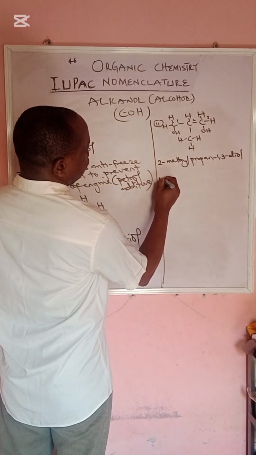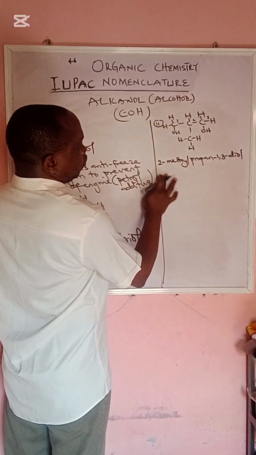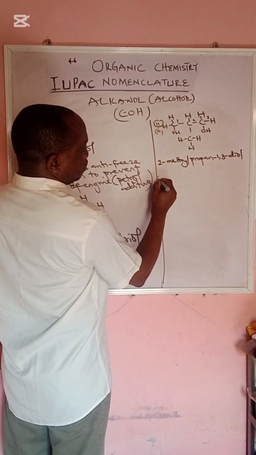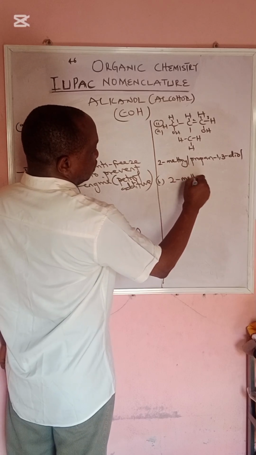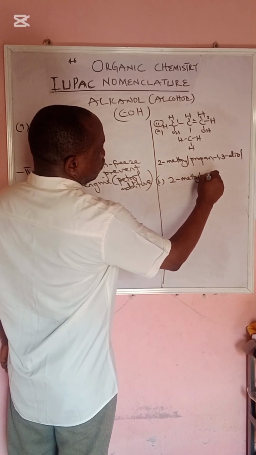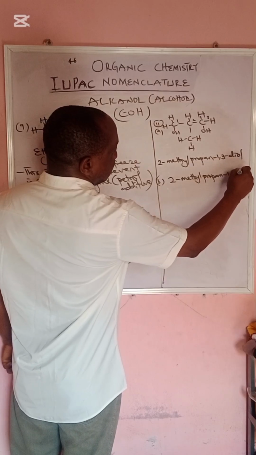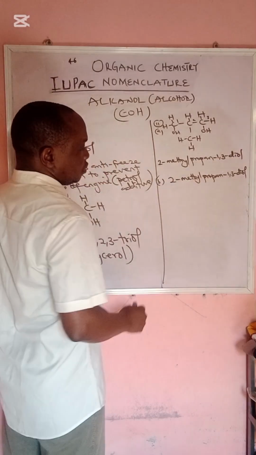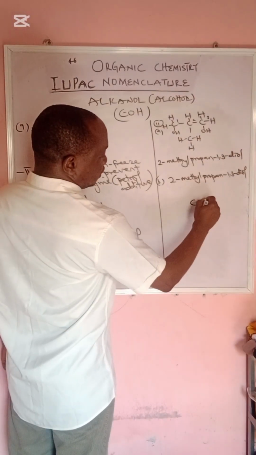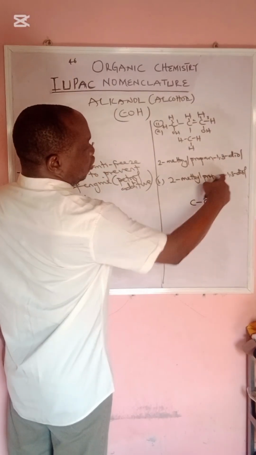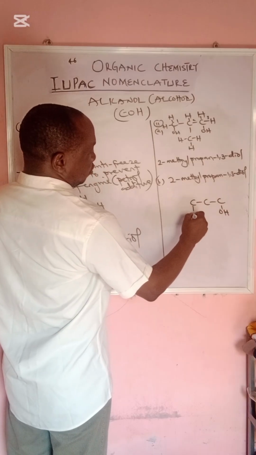Number 12. Let's say you are given this name. They say write down the structure of 2-methylpropane-1,3-diol. You start with the parent name, that is 1, 2, 3. On carbon 1 you put OH, another OH on carbon 3.